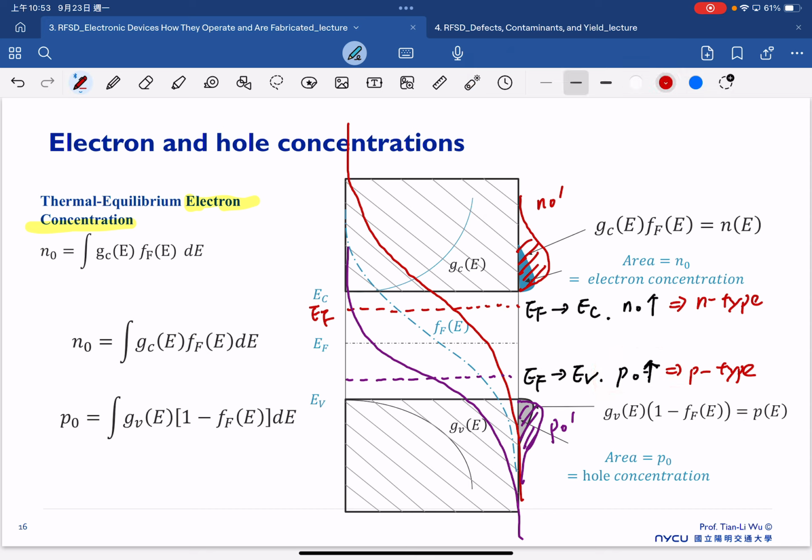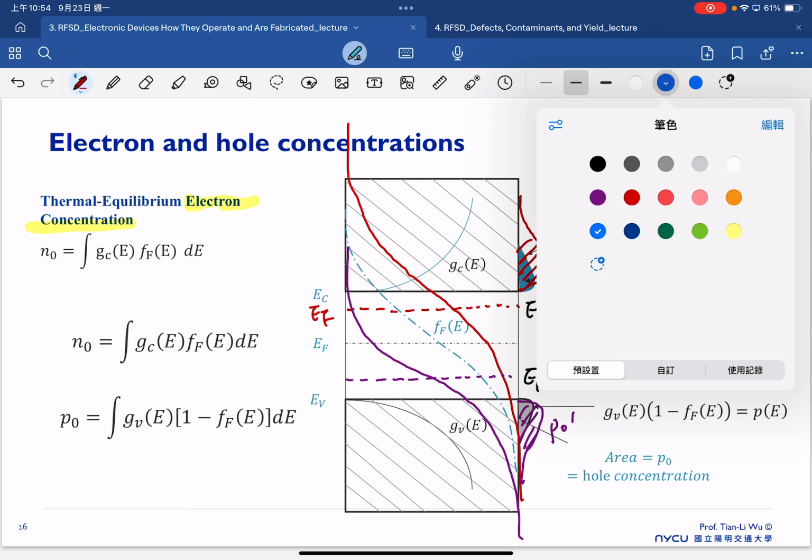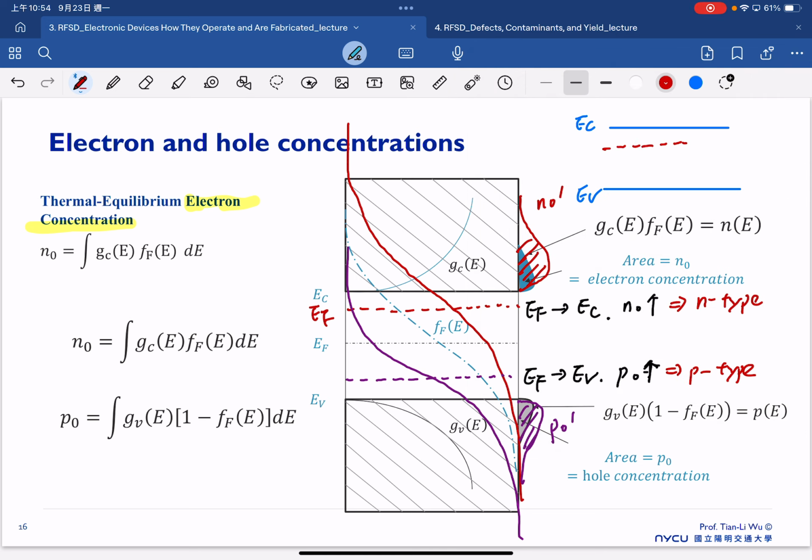So in the future, we actually won't draw the band diagram with such complicated drawing. We will only draw the band diagram with EC, EV, and if this is an N-type semiconductor material, that means our EF will be close to our conduction band.